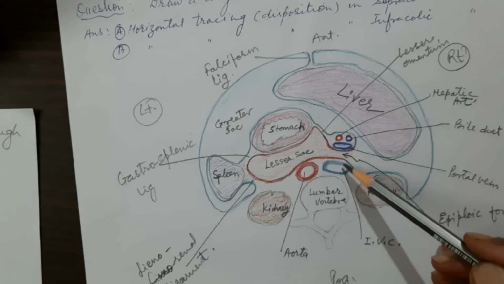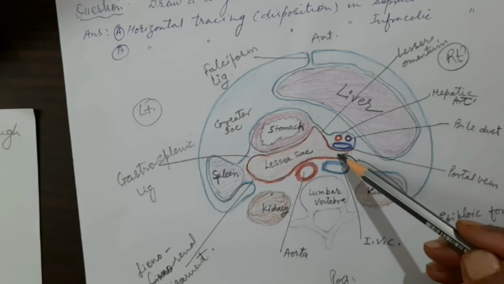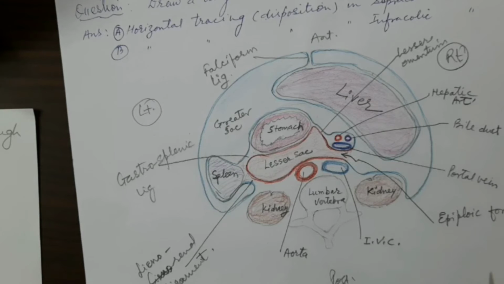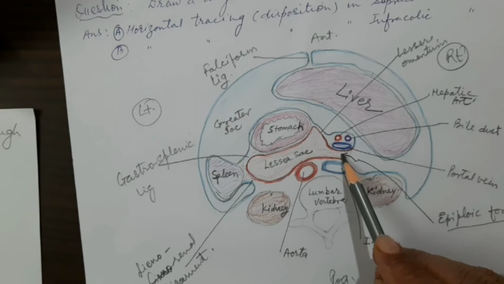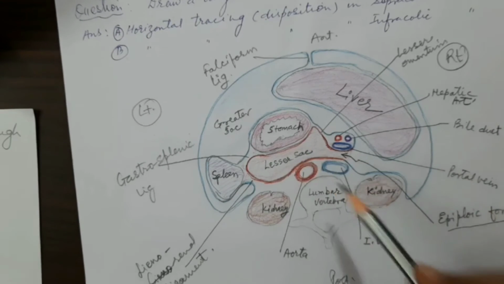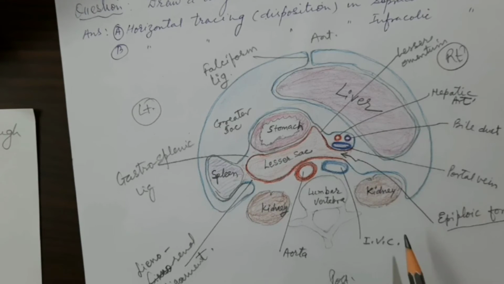Just deep to it will lie the inferior vena cava. So you can pass your finger and feel the structures here. This is called the epiploic foramen. This arrow is indicating that from the greater sac you are now going into the lesser sac. So it is the epiploic foramen.